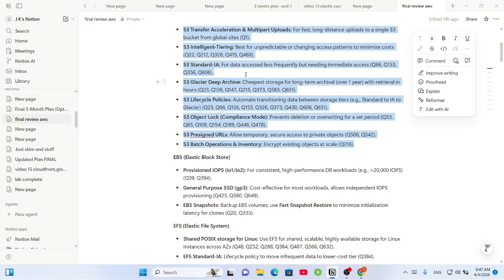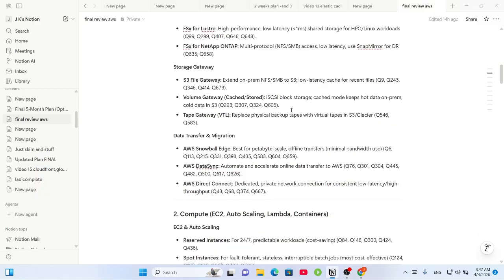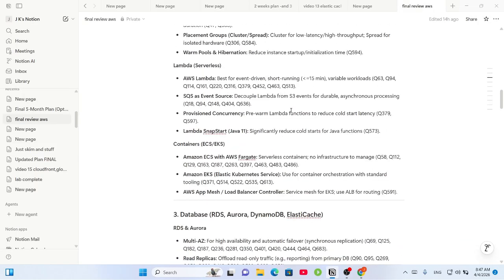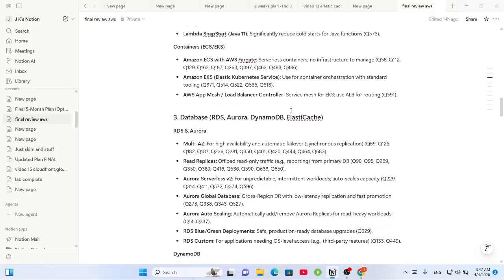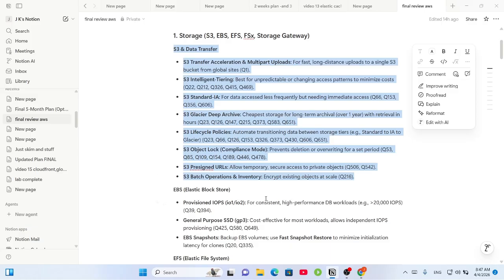S3 itself has a lot of questions. Most of the questions that you saw are basically from S3, right? All of this we've talked about, I think even in detail.